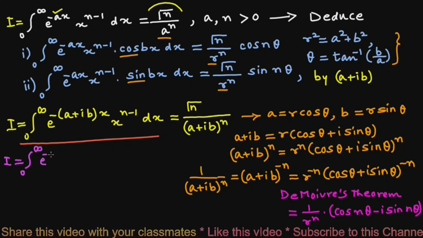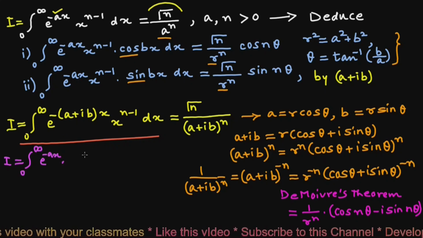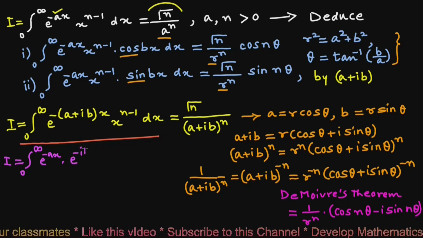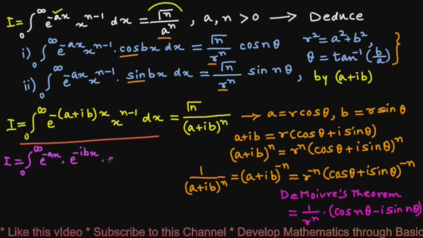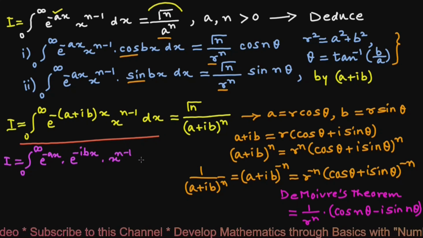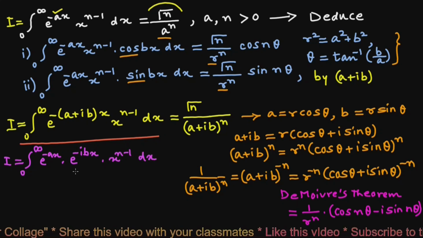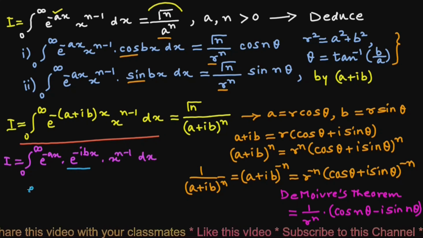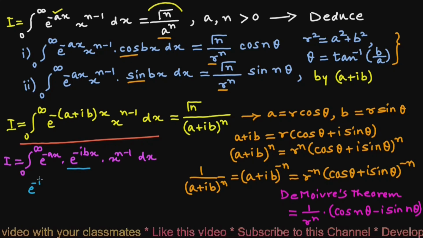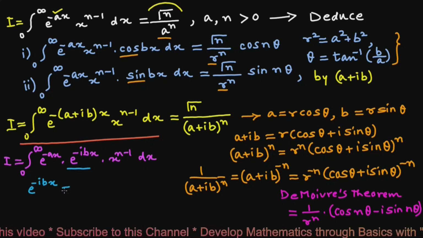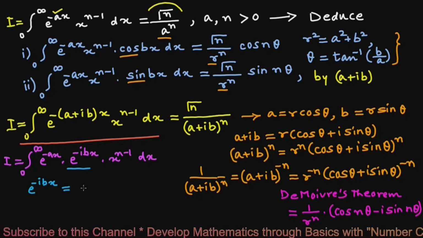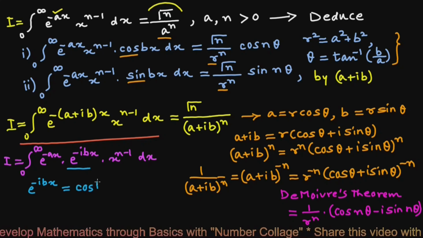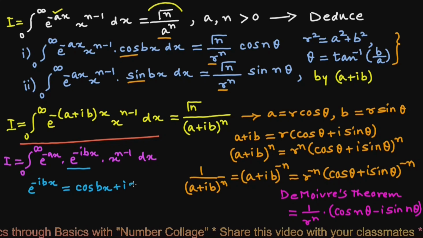Now this integral we rewrite as integral from 0 to infinity of e raised to minus ax into e raised to minus ibx into x raised to n minus 1 dx. Out of this, the exponential form e raised to minus ibx can be written in the polar form of a complex number as cos bx minus i sin bx.